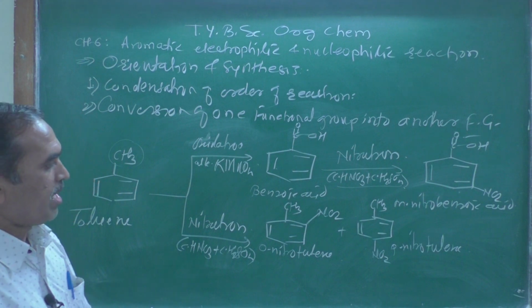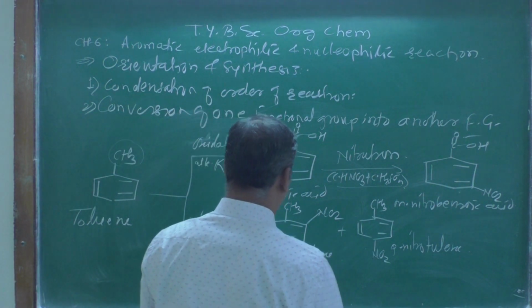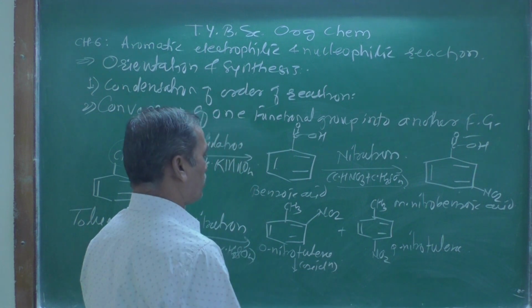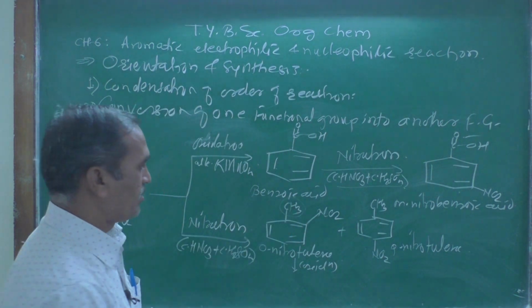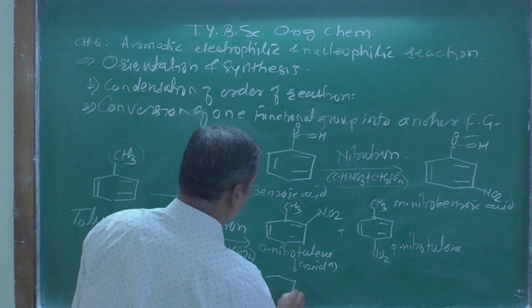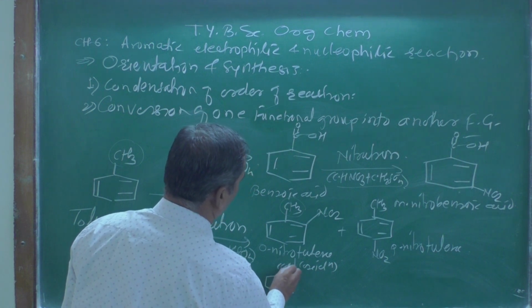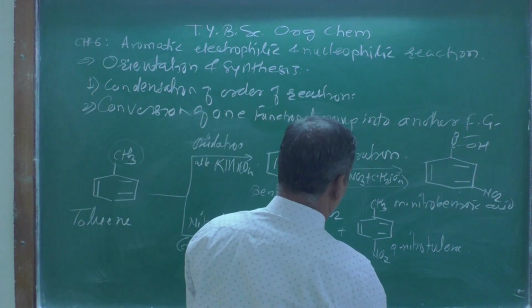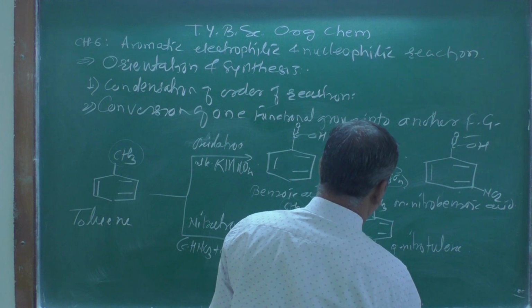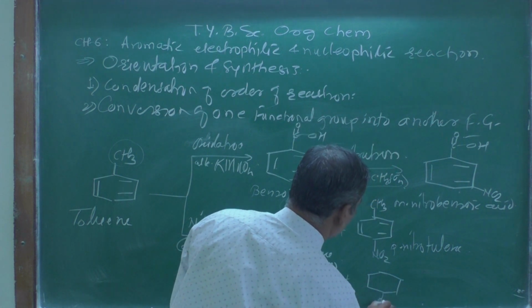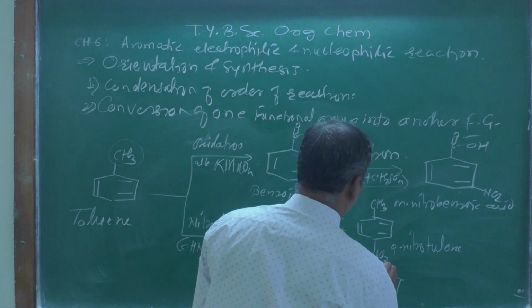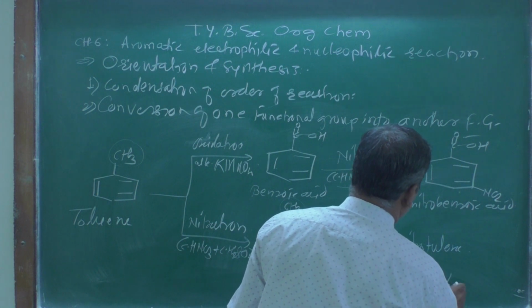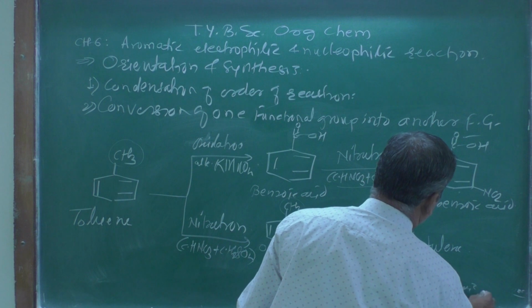Now if you carry out the oxidation reaction here, what are you going to get? This group is going to oxidize, and you will get the compound C double bond OH, orthonitrobenzoic acid, as well as in this case NO2 over here and COOH, which is para-nitrobenzoic acid.